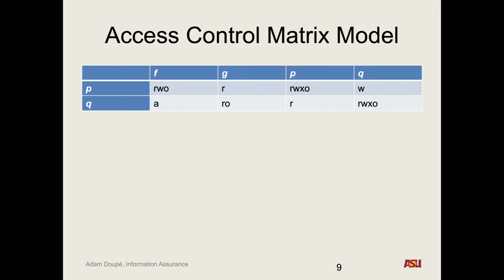So think about a modern operating system. How big does this matrix have to be to capture all this information? Yeah, very big. Millions at least.